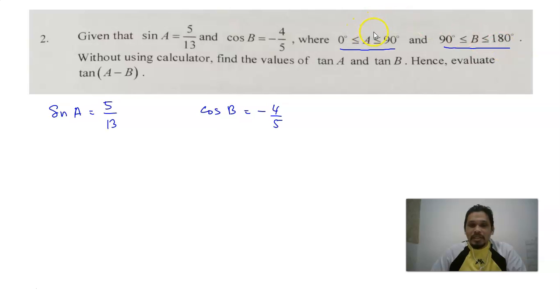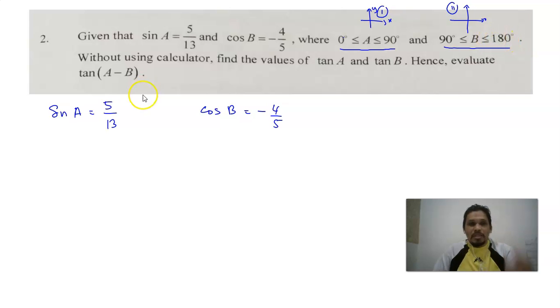So in this case, when we refer to the range of the angle from 0 up to 90, we are talking about the first quadrant, and for this one here, from 90 up to 180, we are talking about an angle in the second quadrant.